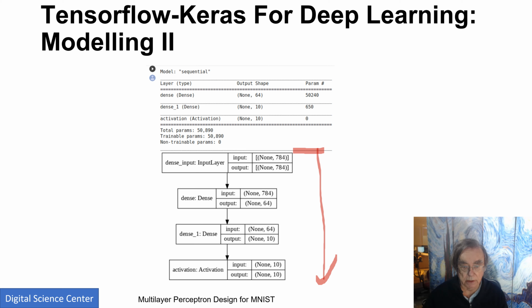The hidden layer goes from 64 to 10, and then the 10 gets activated, and then we have the softmax. All right, so there we are. That is this layer, these three things listed here. Notice the number of parameters. We have almost 51,000 parameters we can change. These are the weights linking these layers together.